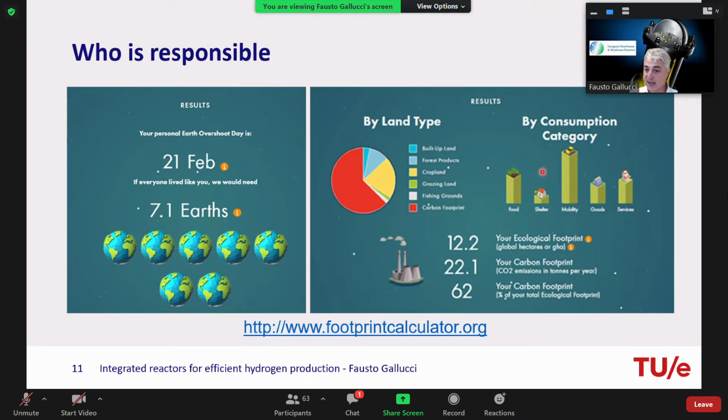So more or less as in the IPCC report. So when we say that industry or transportation is responsible, we have to remember that we are the responsible ones, because we are using transportation and we are using the goods produced by industry. So we have to do something.